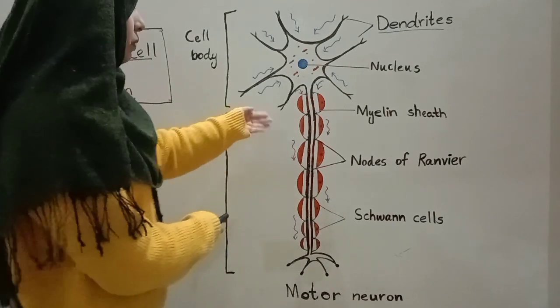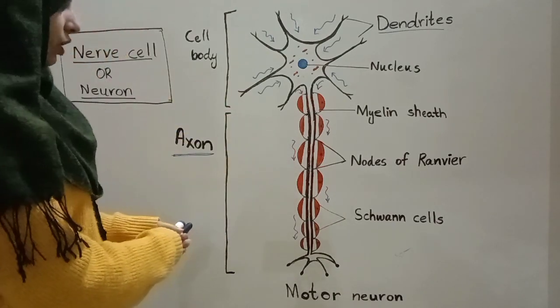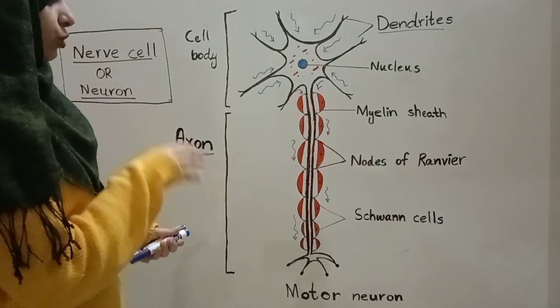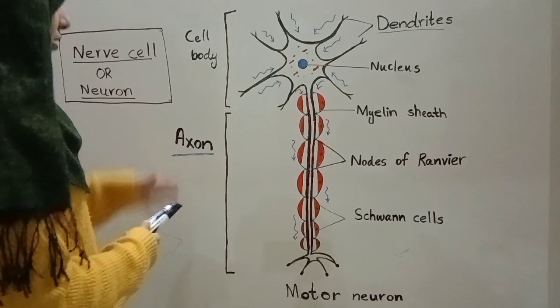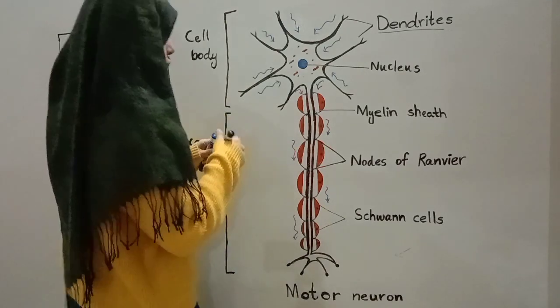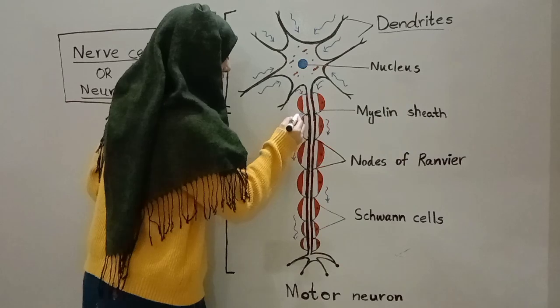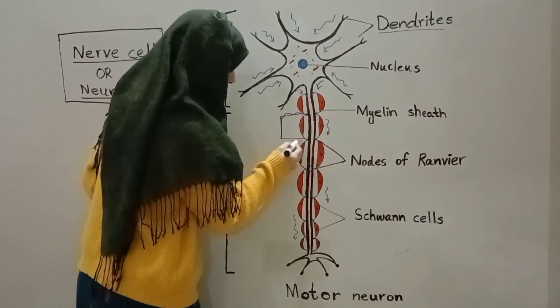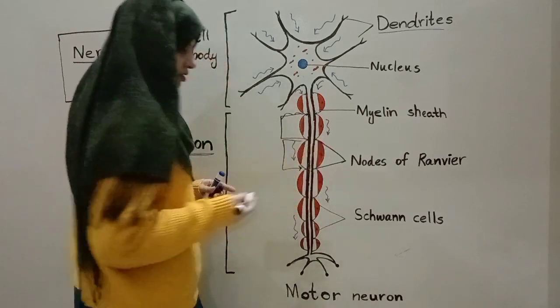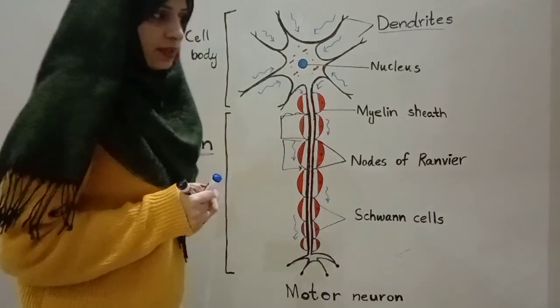These are called the non-myelinated points. And nerve impulses jump from these non-myelinated points, just like from this to this and this to this. It also increases the speed of the nerve impulses.